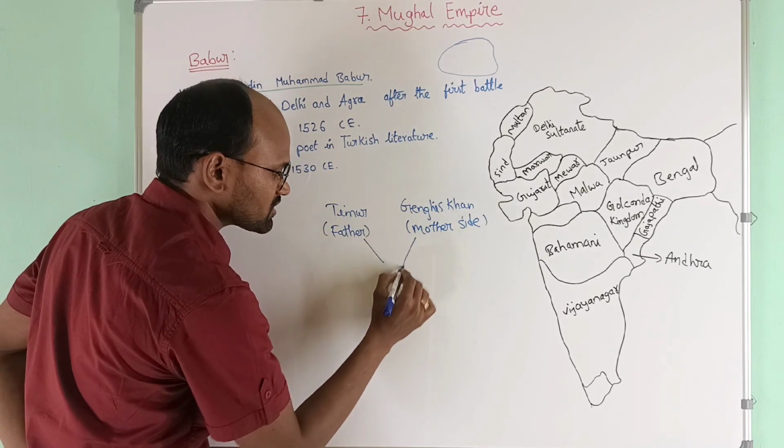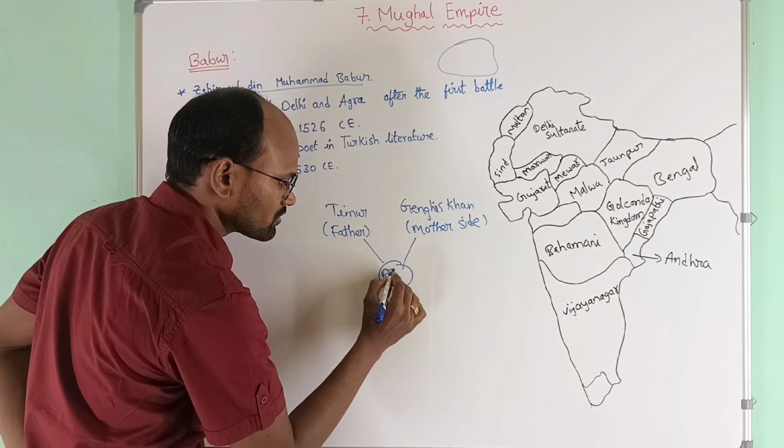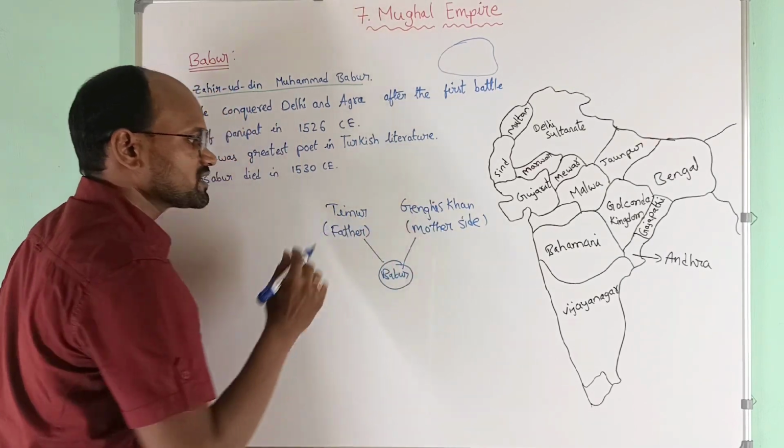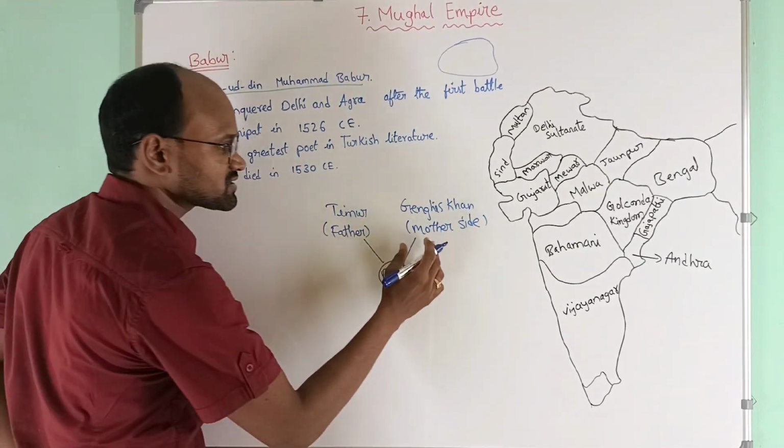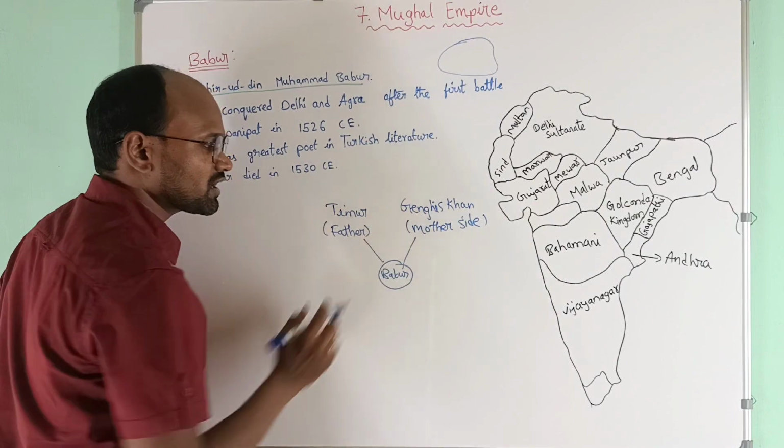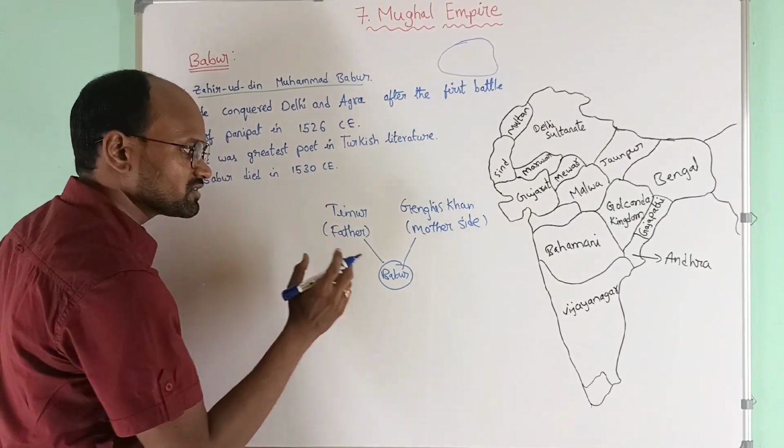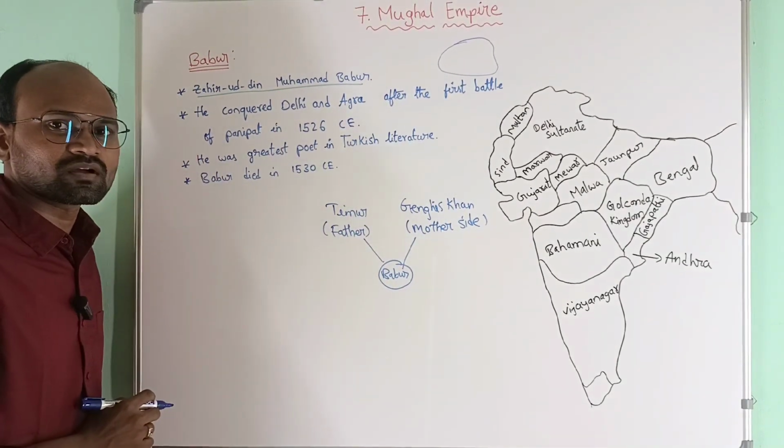So Babur was a descendant of both Genghis Khan as well as Timur.